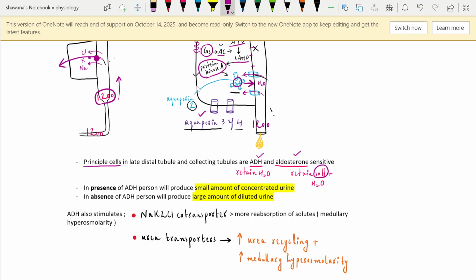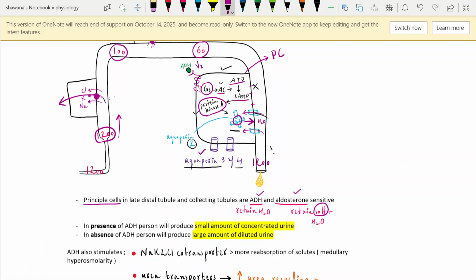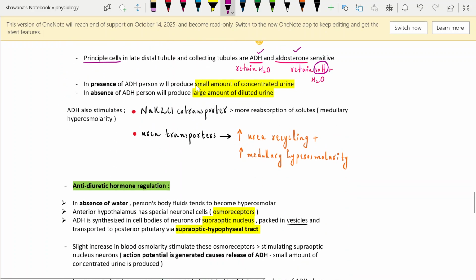In the presence of ADH, a lot of water is reabsorbed, so the person will pass a small amount of concentrated urine. And in the absence of ADH, when water is not reabsorbed, it will cause the production of diluted urine in large amount.